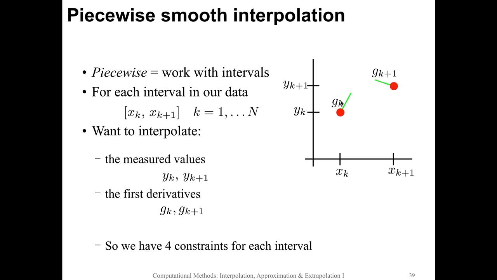So this is the gradient gk at the first knot point in our interval, and this is the direction of the gradient at the end of our interval. And we'd like our smooth curve, which is shown by the dashed line, to satisfy all of these constraints. And because we've got two constraints for the gradient and two constraints for the measured values, we end up having 4 constraints for each interval.